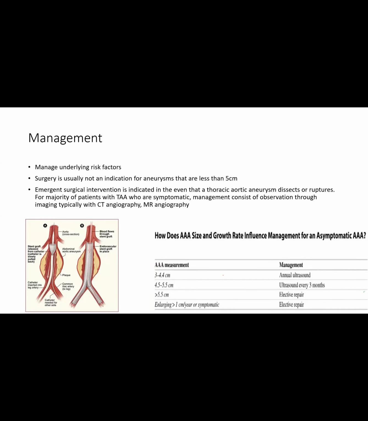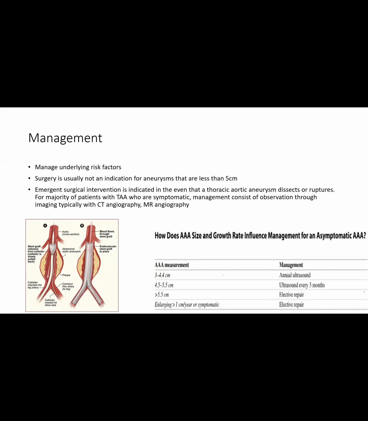And also surgery is indicated for abdominal aortic aneurysms if they're greater than 5.5 centimeters in size, as they have high chance of rupture, and most likely endovascular stenting will be used. So this type of stenting is more likely to be used.